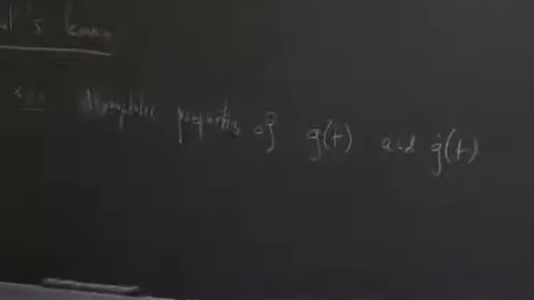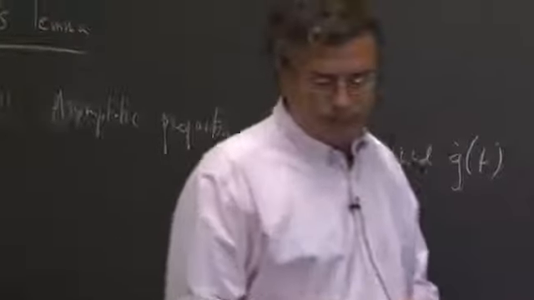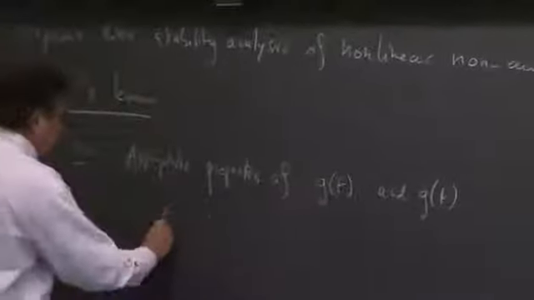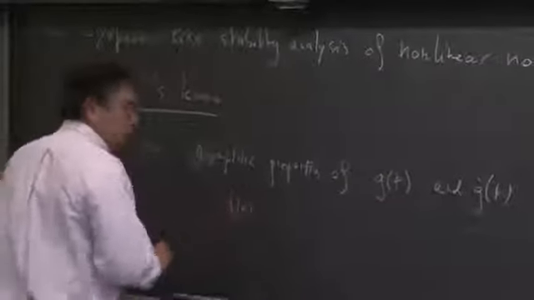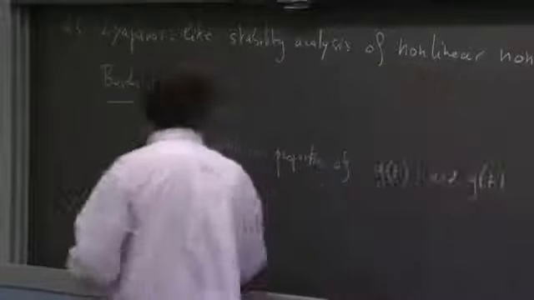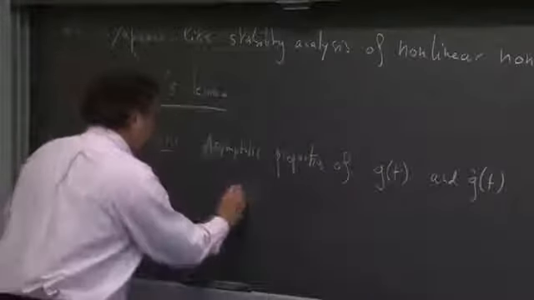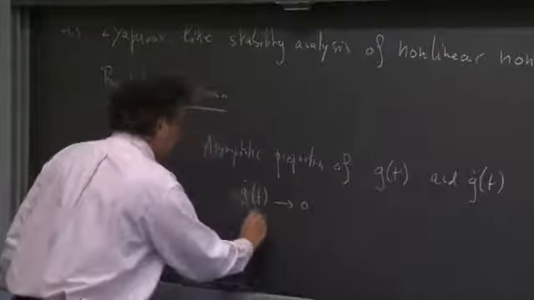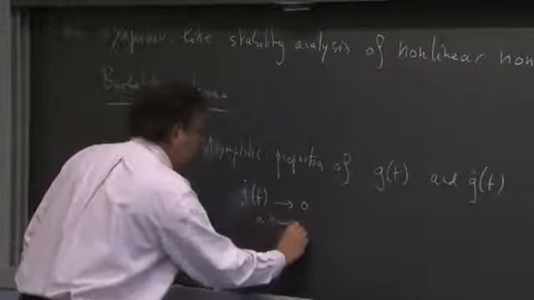So the first question is, suppose that you know that g dot tends to 0 as t tends to infinity.